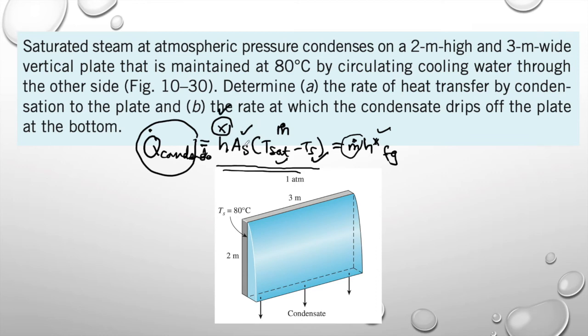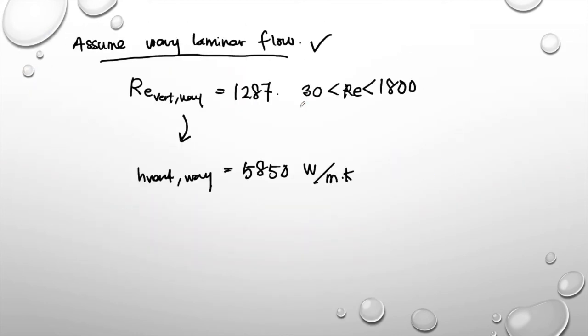We can calculate AS, T saturation we have, and TS, the surface temperature, is also given. After that, we substitute into Q dot equal to H AS times T saturation minus TS.